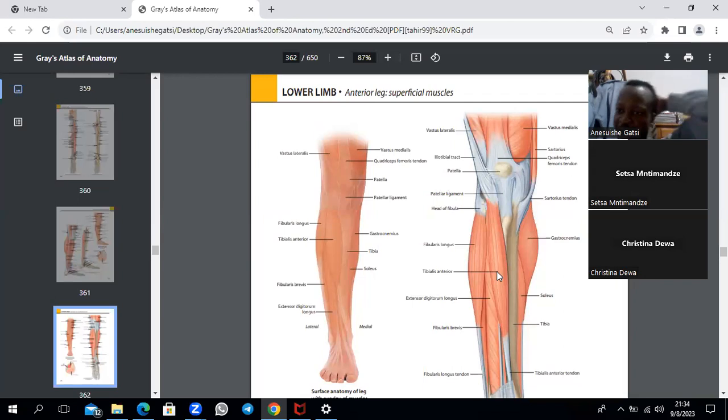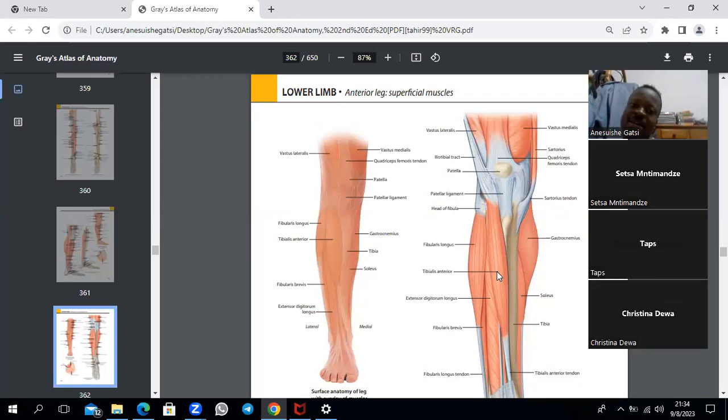Also, which reference book do you guys use? Which book are you using for your lower limb? So that I know the appropriate words to use.